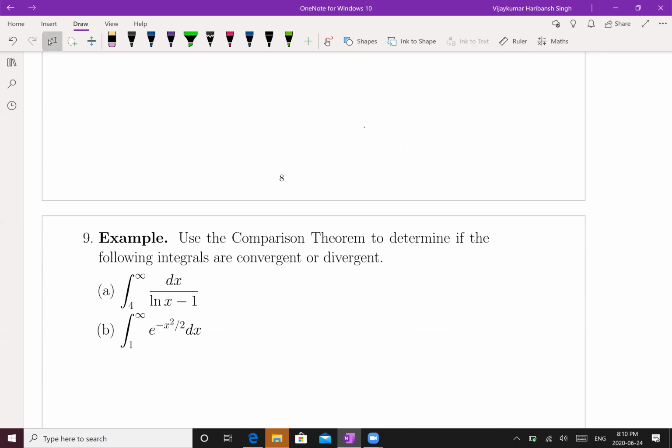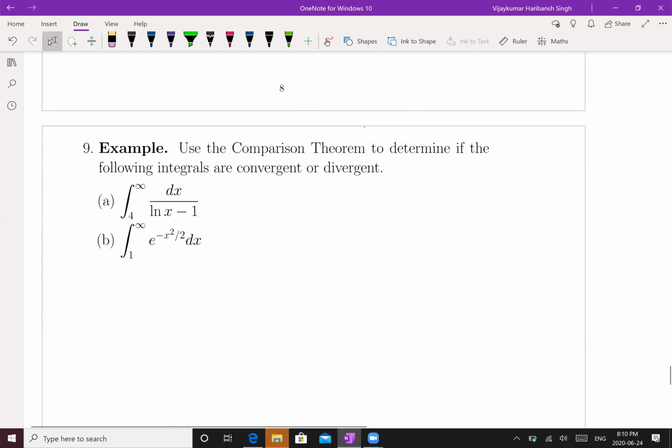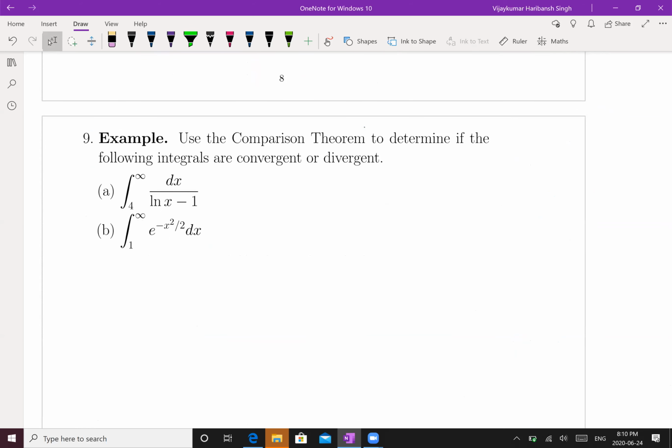Here, let's look at problem A. Use the comparison test to determine if the following integrals are convergent or divergent. Forget about area, just the integrals themselves.